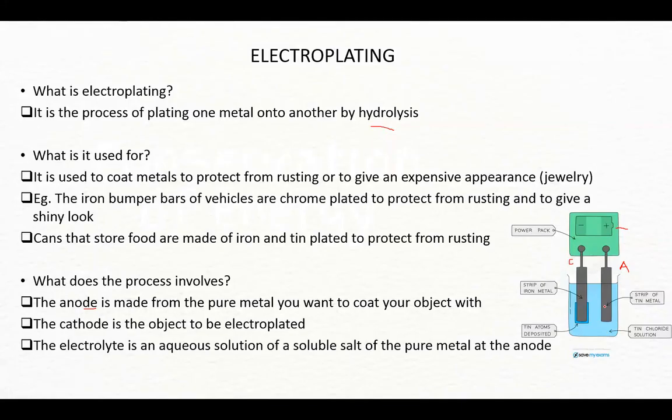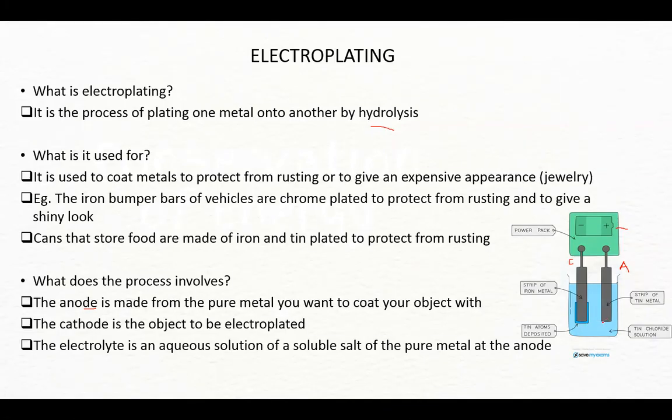Now, what is happening when the energy is put on, or when the battery is on and the process starts, you'll have going from the positive to the negative. So from the anode to the cathode.